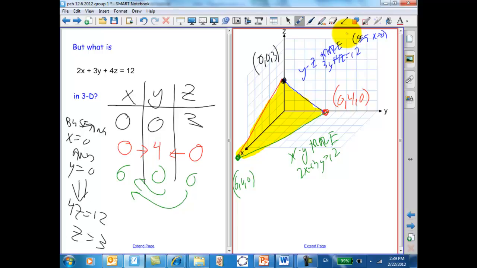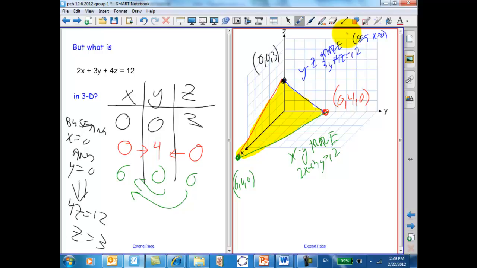How did we do the x-axis yesterday? We looked at the intersection of the xz plane and the xy plane. So we said the x-axis is y equals 0 and z equals 0. Y equals 0 and z equals 0 gave us the point on the x-axis. The whole x-axis is the intersection of those 2 planes. Well, we don't want to define our lines as an intersection of 2 planes all the time.